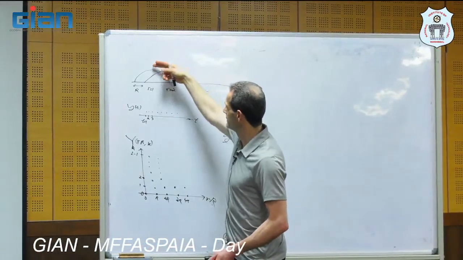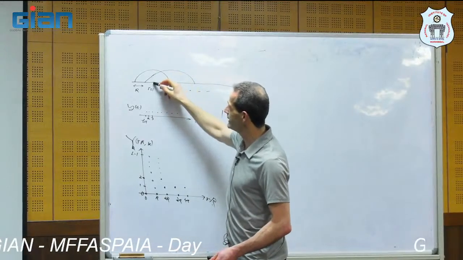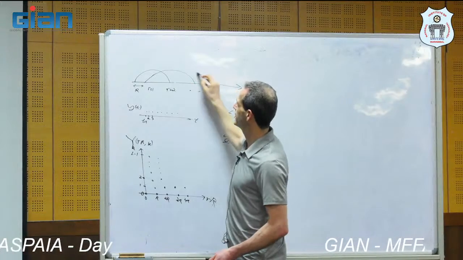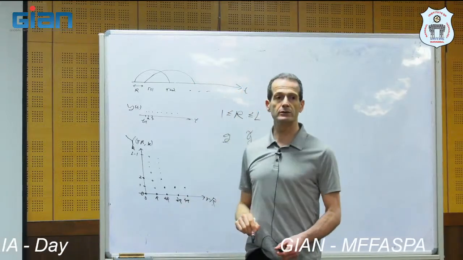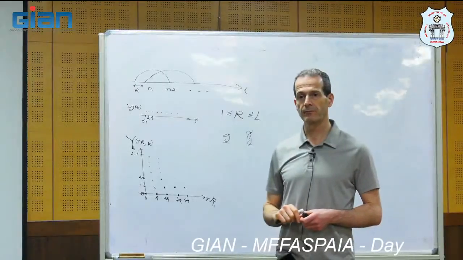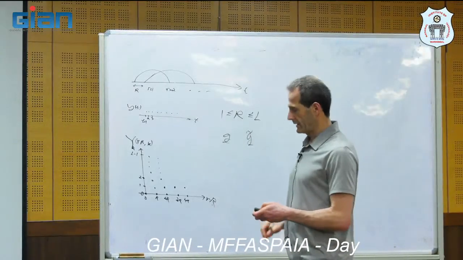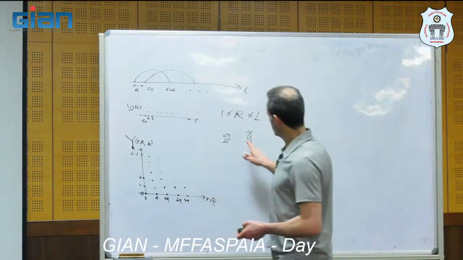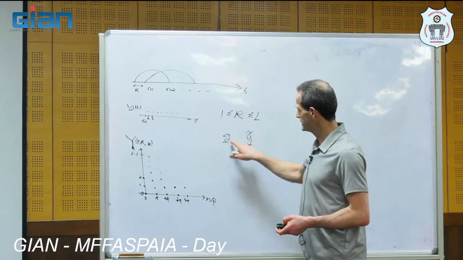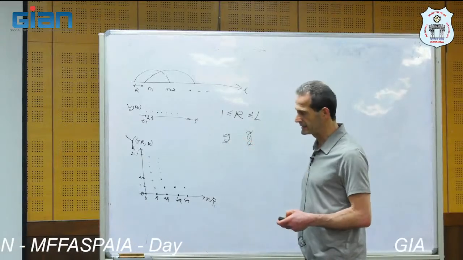Then each sample, t, is obtained by summation of these windowed vectors. Okay? So there is a relation between G tilde and G. This is the analysis window, and this is the synthesis window.